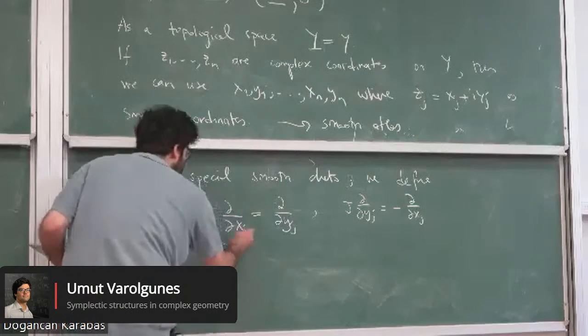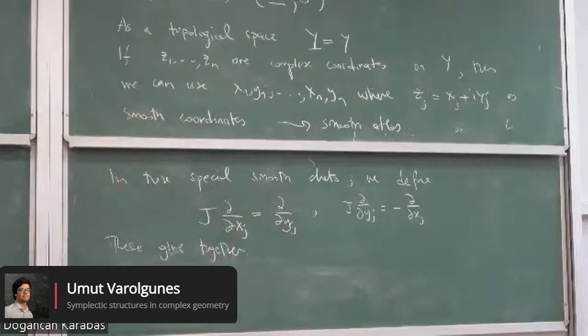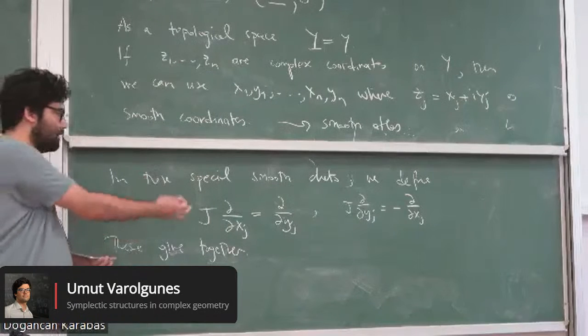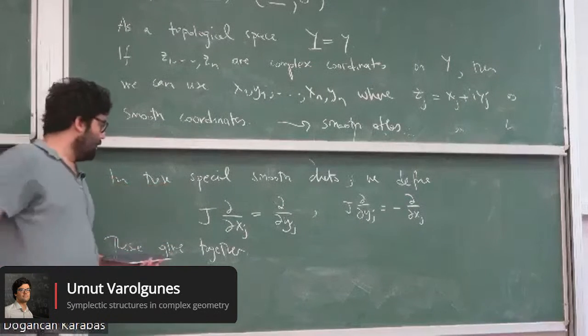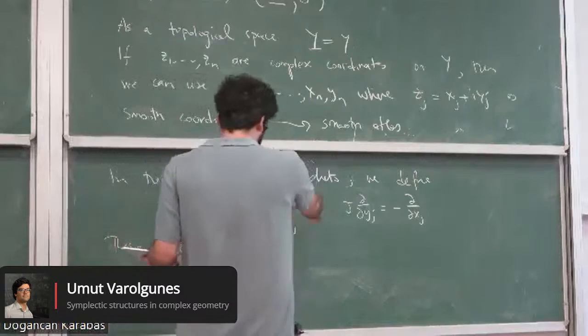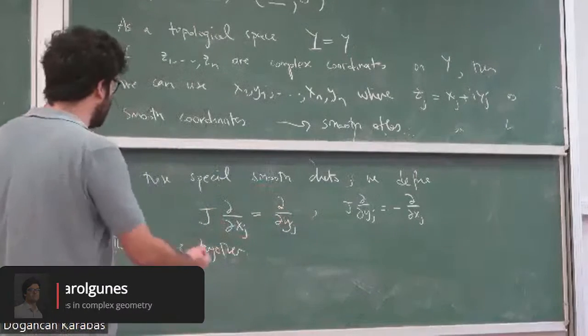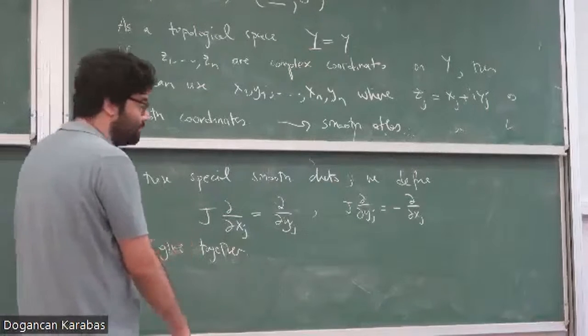So then these glue together, you can check. I define something on each special chart, but you can check that by virtue of being holomorphic, so satisfying the Cauchy-Riemann equations, these things actually glue together and you get this operator to match on the overlaps.